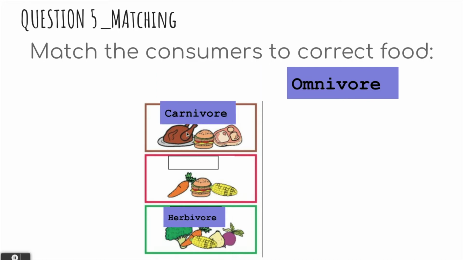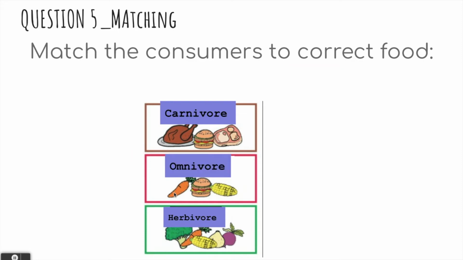If you said steak, burgers, and chicken for carnivore, that is correct. Carnivores like to eat different meat. Now let's do omnivores. What food do omnivores eat? If you said a mixture of carrots, burgers, and corn, that is correct. Omnivores are those organisms that will eat plants and different meat.